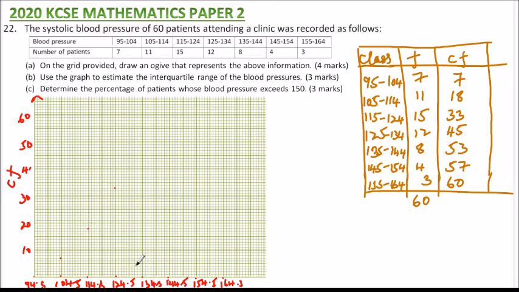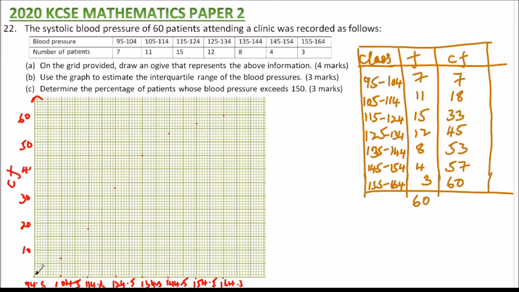The next one is 45, we have it there. The next one is 53. Then the next one is 57. And lastly, we have 60. So this is the ogive.